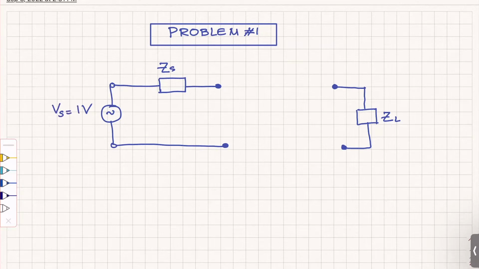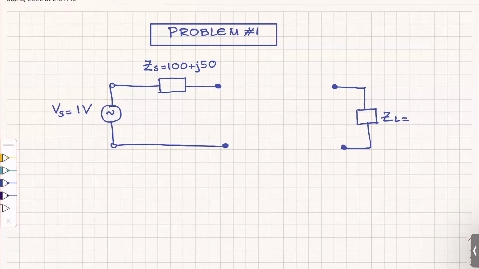Let's assume that Zs is 50 ohms, or maybe let's do it a little more complicated. Zs is 100 plus j50, right? Then we have a load, which is, what do we want to make the load?